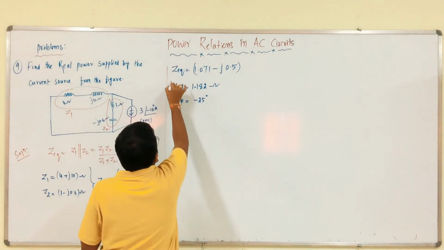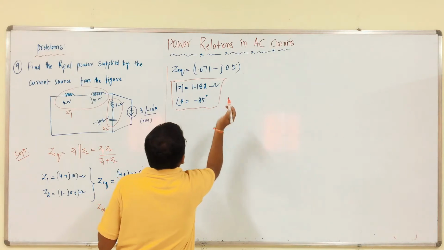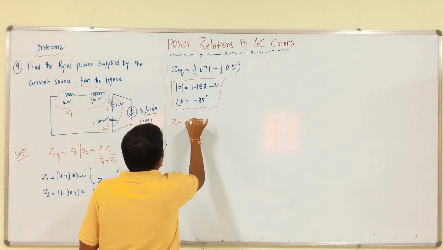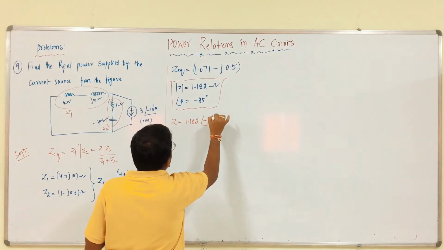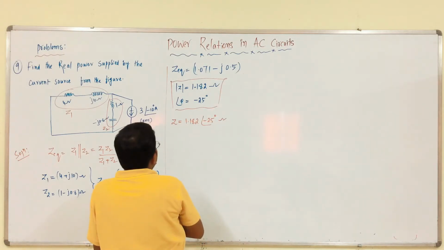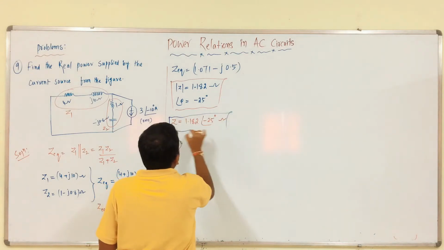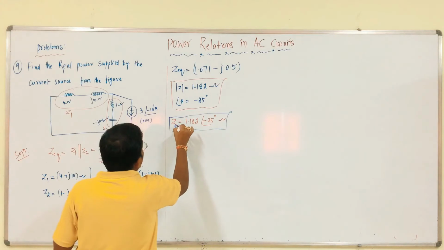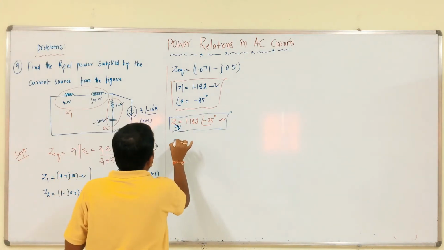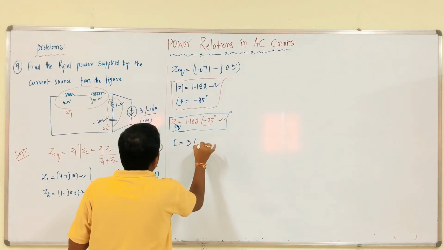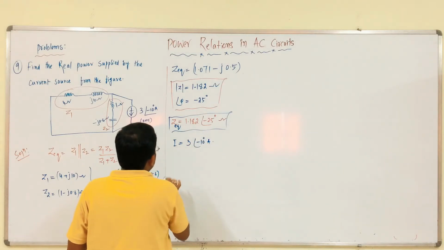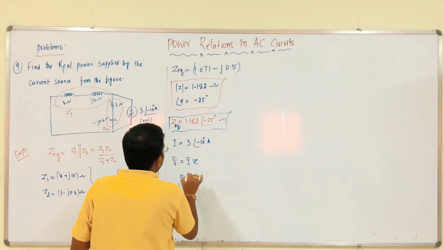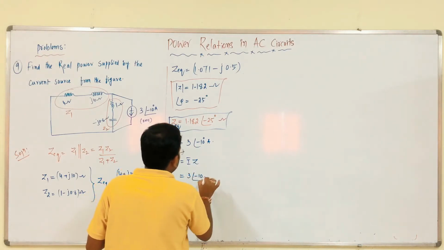That is, you can write Z is equals to 1.182 at an angle minus 25 degrees ohms. Clear? We are having the value of Z equivalent. We have current, that is RMS, 3 at an angle minus 10 amps. From this, V is equals to what? I into Z only. I is 3 at an angle minus 10 into Z is what?